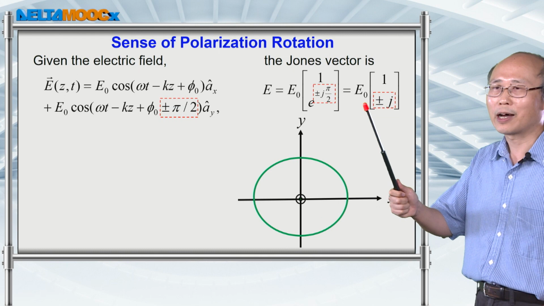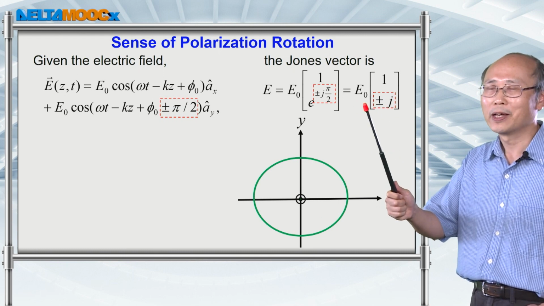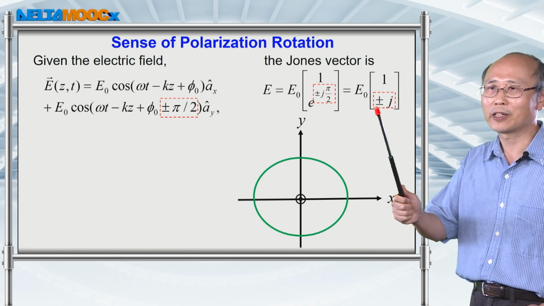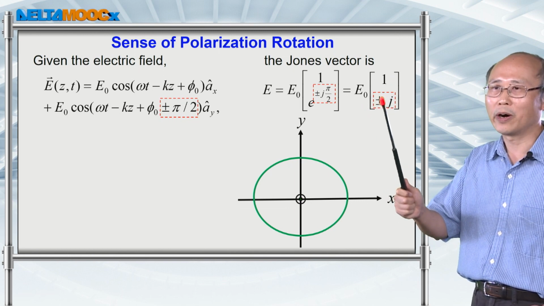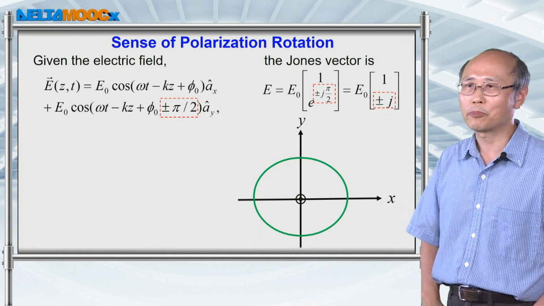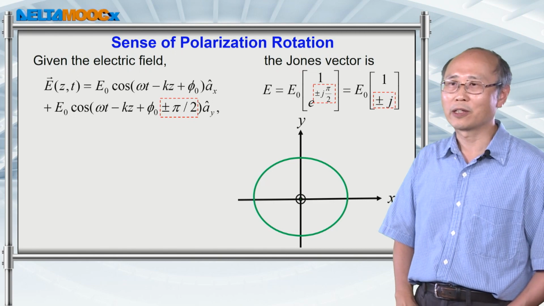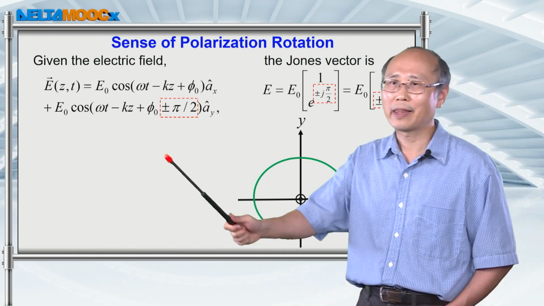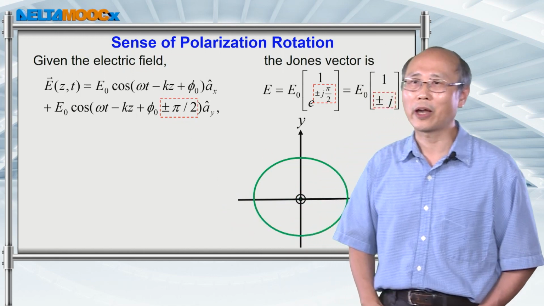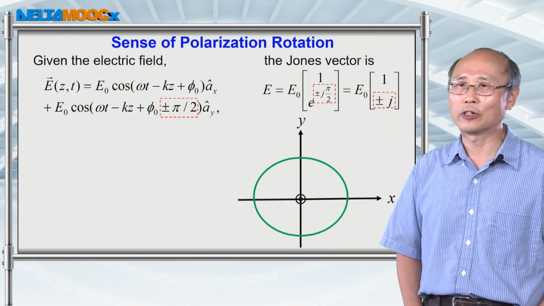For the Jones vector, with this expression, you have a constant amplitude in front of the column vector, and then the x component is 1, and the y component is plus minus j. Then we know that this expression corresponds to a circular polarization state. And again, this plus minus sign will tell you the sense of rotation of the electric field.